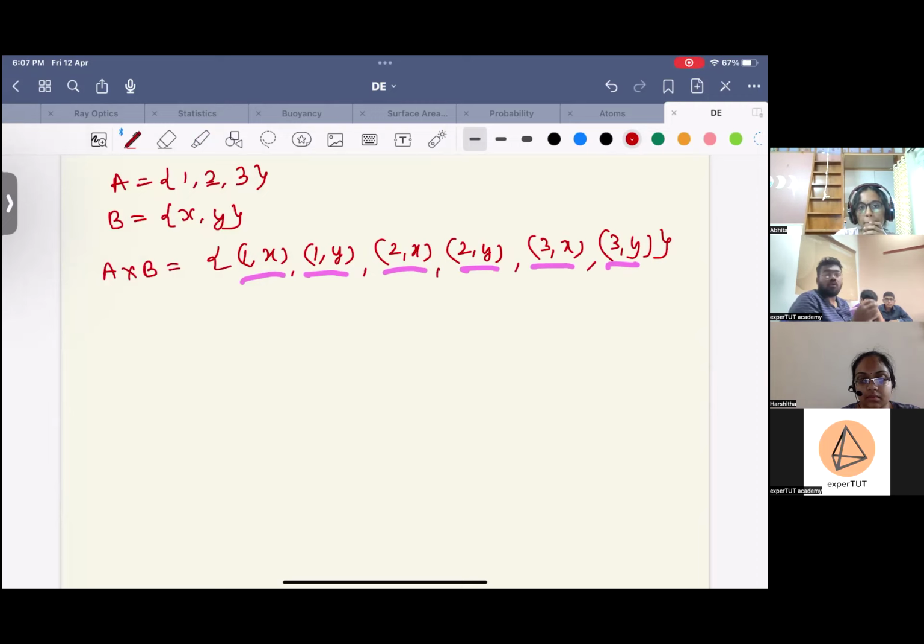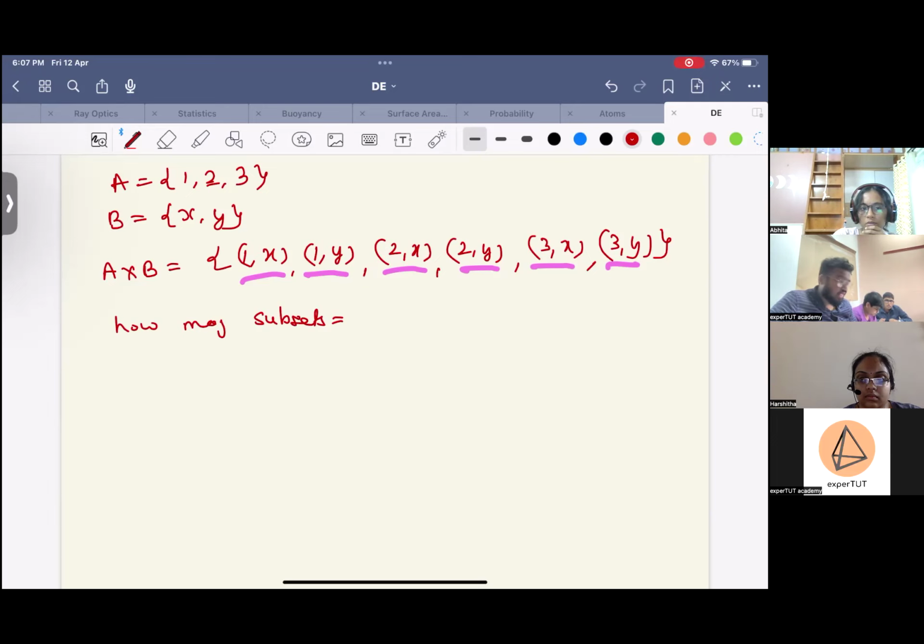So there will actually be how many subsets? Beta, how many subsets? Currently we have 6 visible ones.